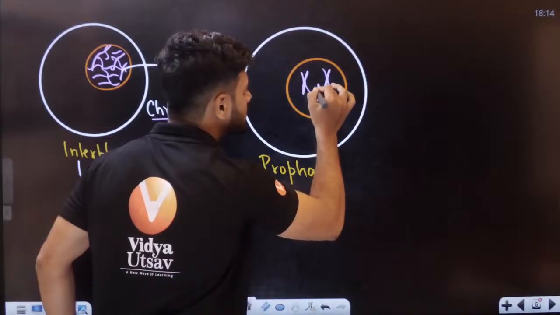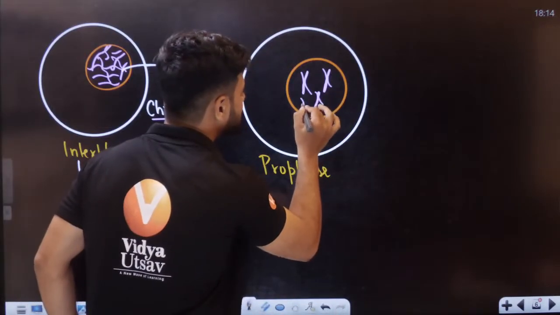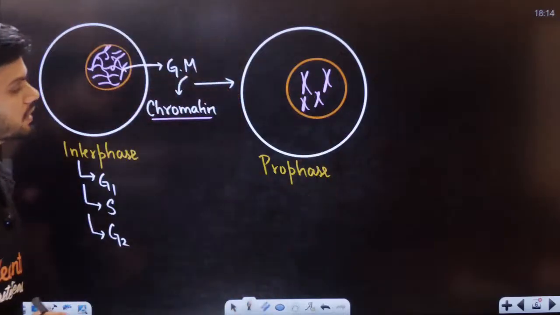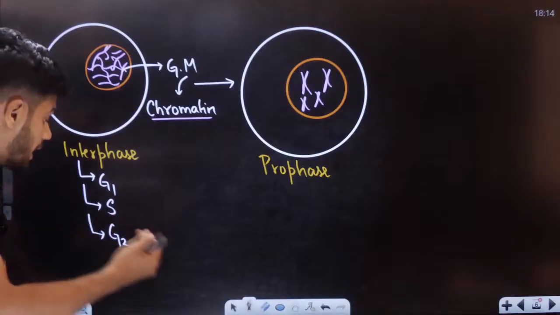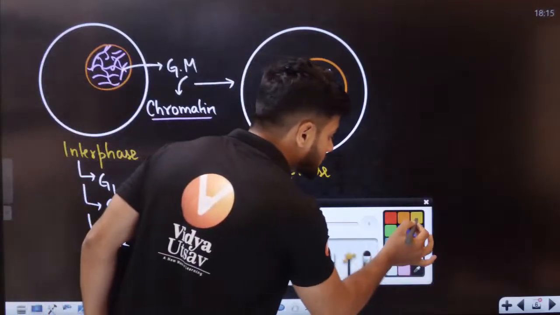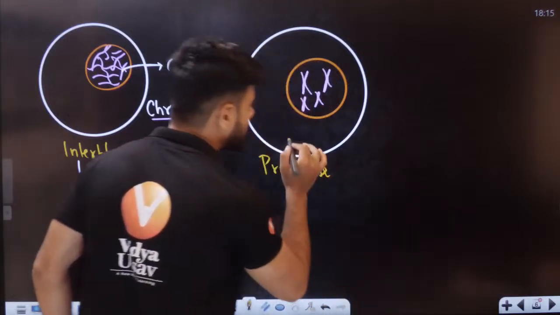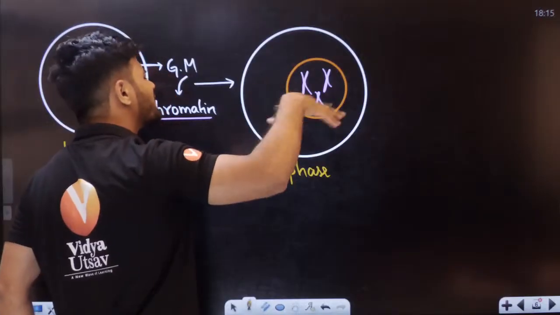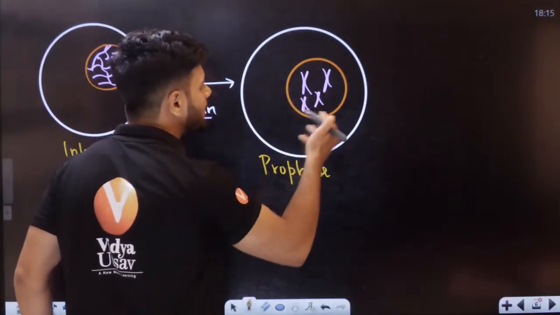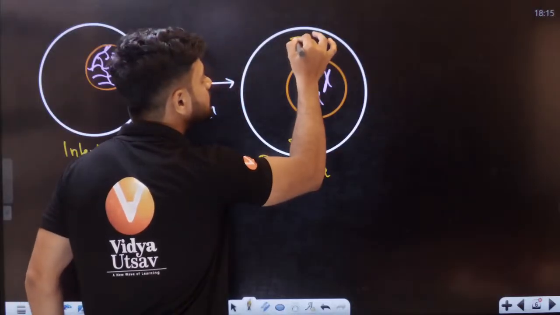Inside the nucleus, the chromosomes are getting condensed right now. Now, apart from that, there will be movement of centrioles or centrosome altogether. The centrosome is present somewhere in the cytoplasm. In the cytoplasm, it will now move towards the opposite poles like this.